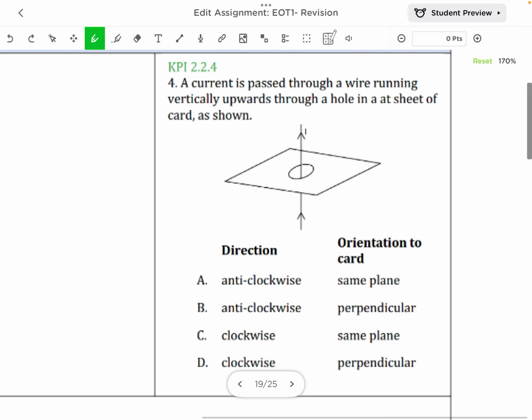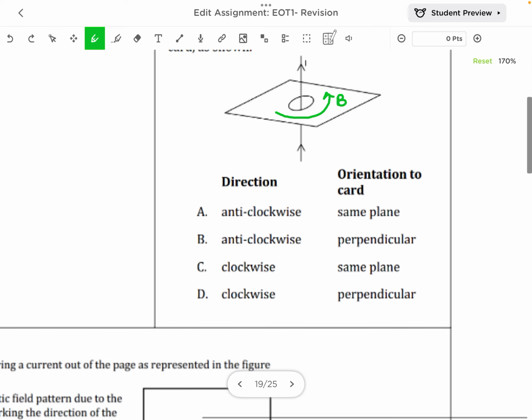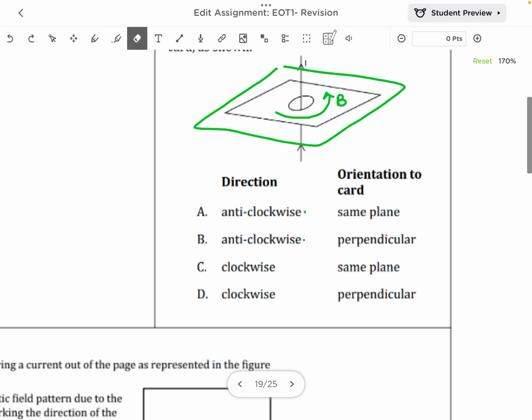Question number 4, also I have my current upward, and I will apply right hand rule 1, placing the current on the thumb and the magnetic field on the other fingers. So the direction of the magnetic field will be anti-clockwise, and it is inside the frame, inside the card. So the answer is A.